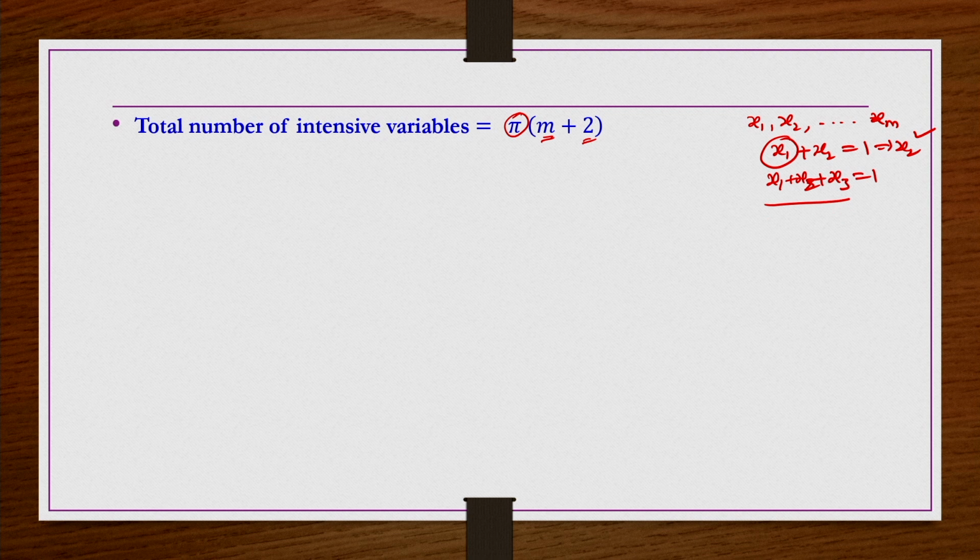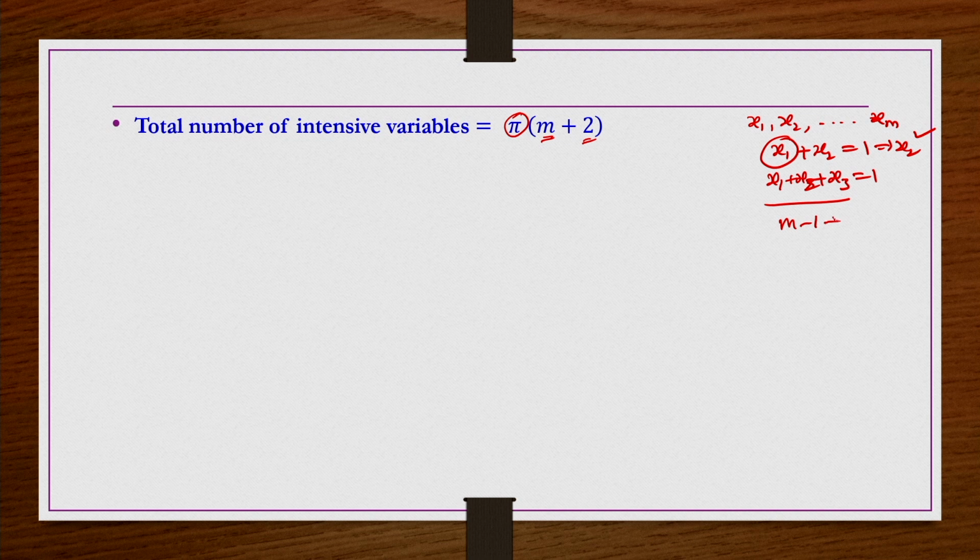Of all these intensive variables, only m minus 1 multiplied by pi are independent composition variables, and then plus 2 for the temperature and pressure multiplied by pi.